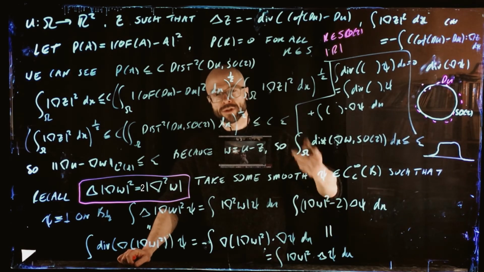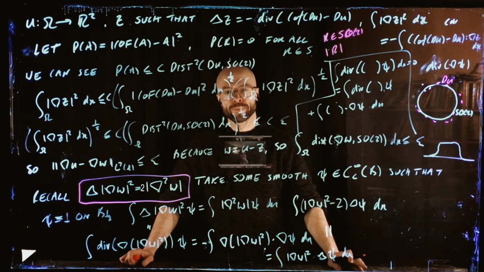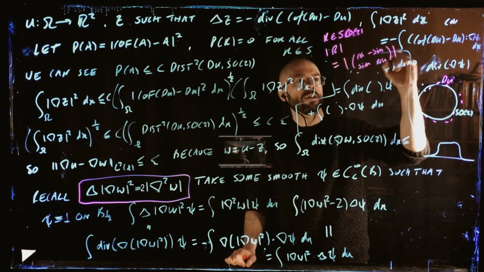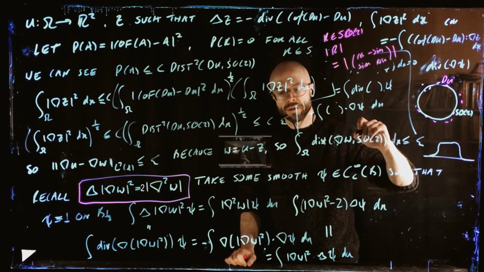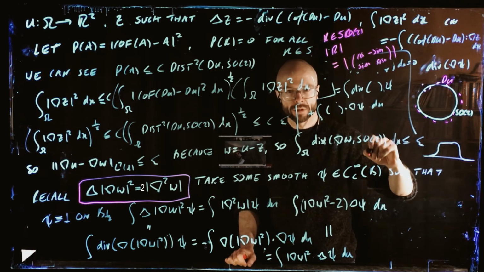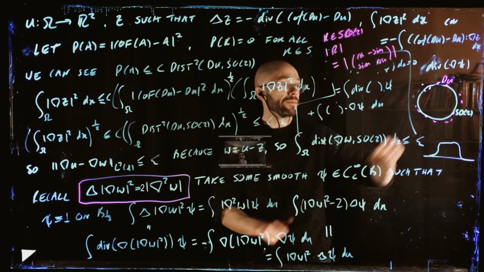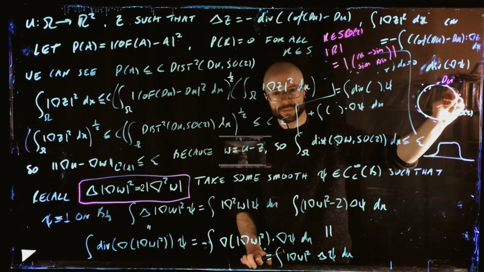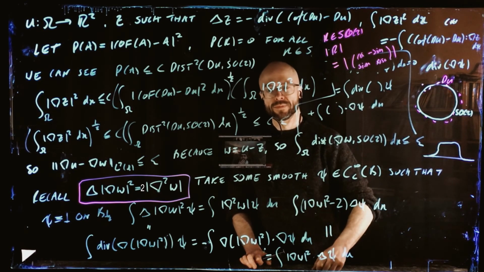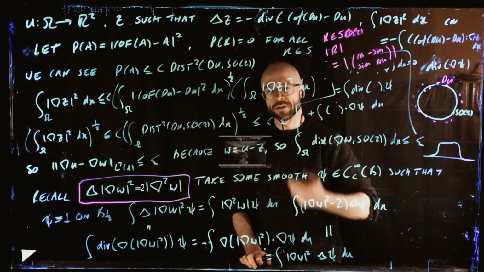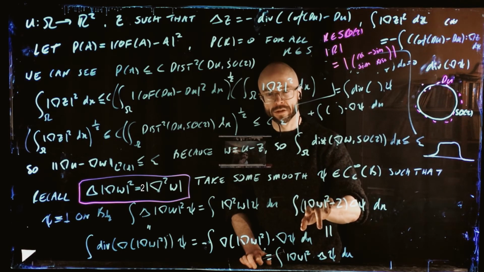If you take all the entries squared, square root it, what do you get? 2. Cool. So when you're close to the space of rotations, then the norm of your gradient should be close to 2. And the closer you are to the space of rotations, the closer the norm of the gradient is to 2.